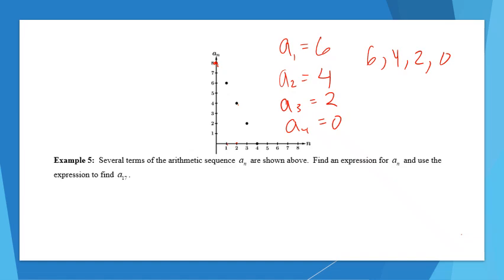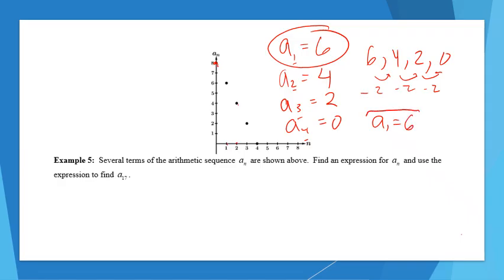And because these terms are consecutive, they're right next to each other, we can find our common difference rather easily, which should be -2. Now you can pick any one of those terms, but let's just keep it easy. The first term is 6.